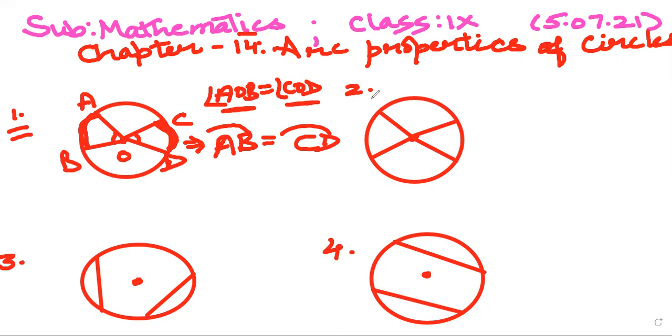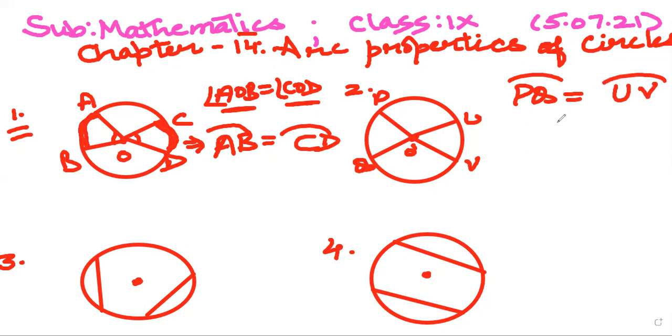Now, children, let's name it. It's P O dash Q, and here it is U V. Now, it's given that arc PQ is equal to arc UV. According to the theorem, the property that if two arcs are equal, then the angles subtended by the arcs are also equal.